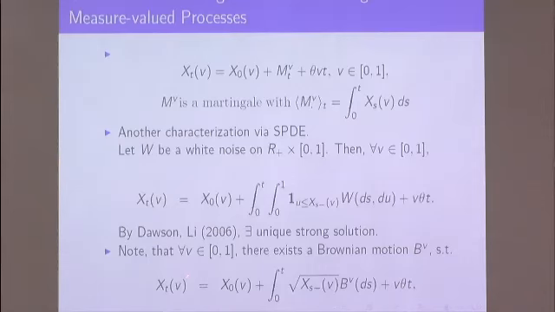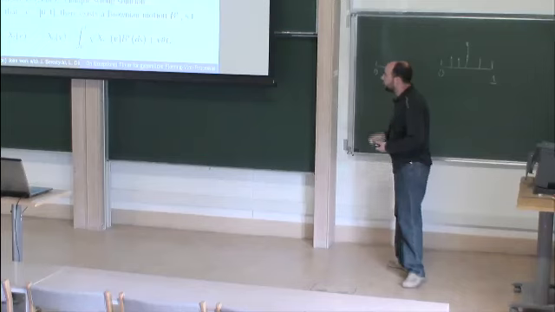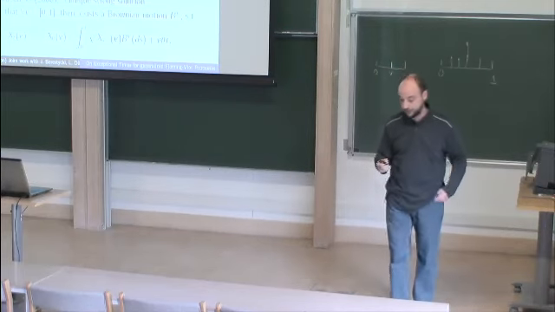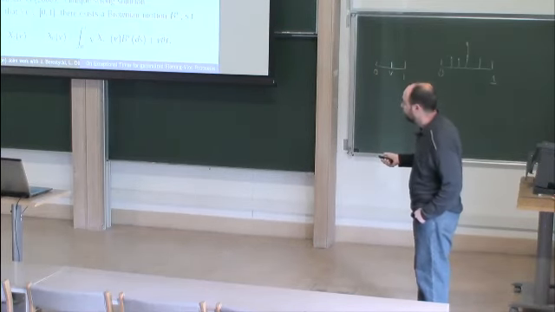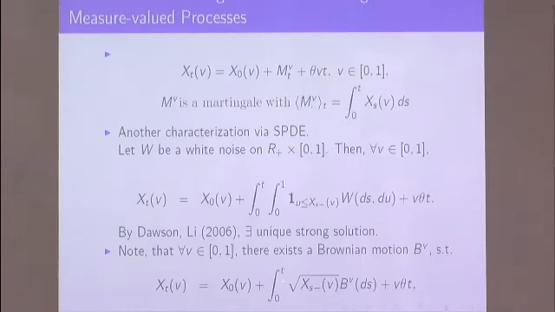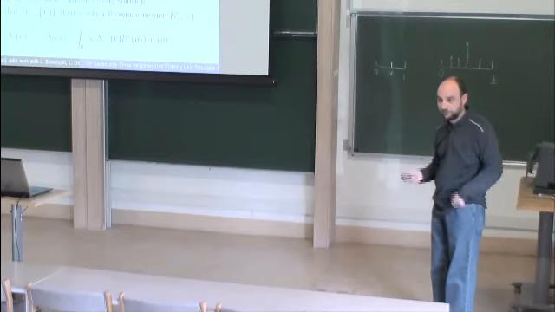So you can say, okay, for any interval 0, v, the mass of the process here satisfies the SDE, where at the expense of having a square root here, we get rid of one of the parameters in the noise. Okay, you can do this as well.